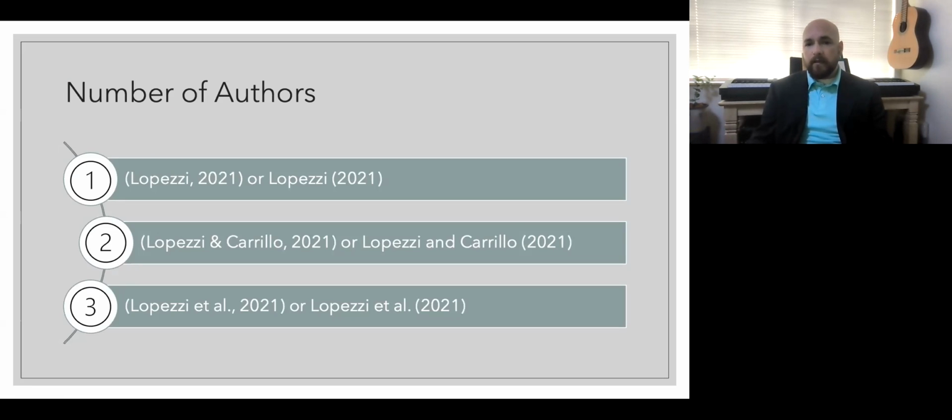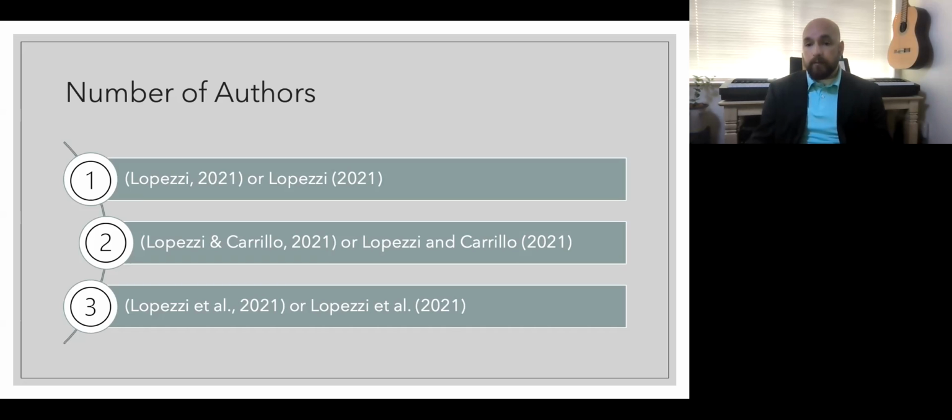In APA formatting, if there is just one author, you put it as it shows here, number one, just as I went over earlier: the last name, comma, and the year the publication was done.